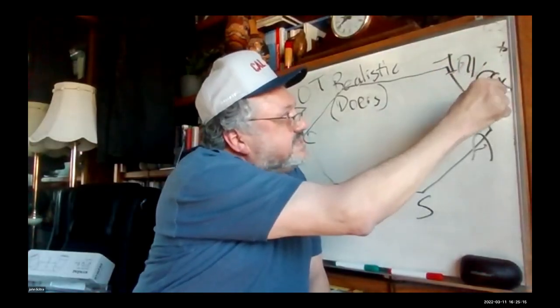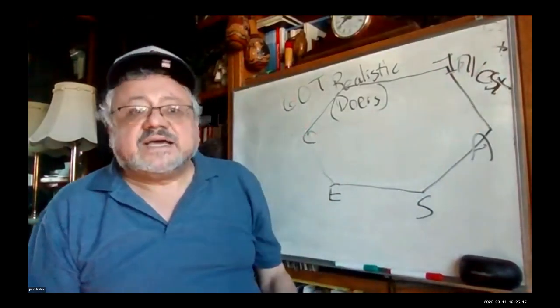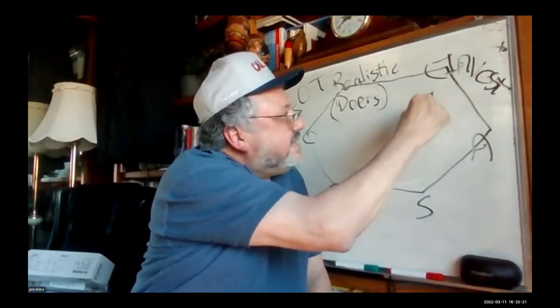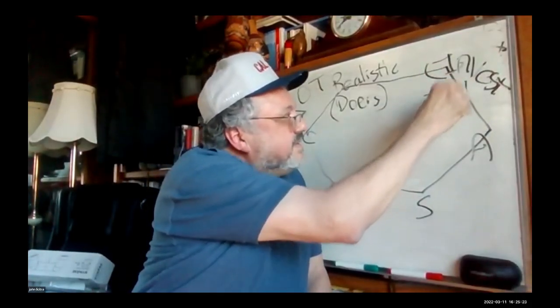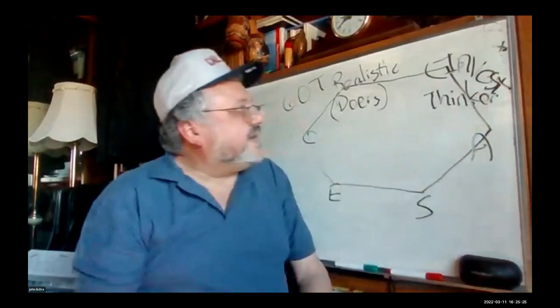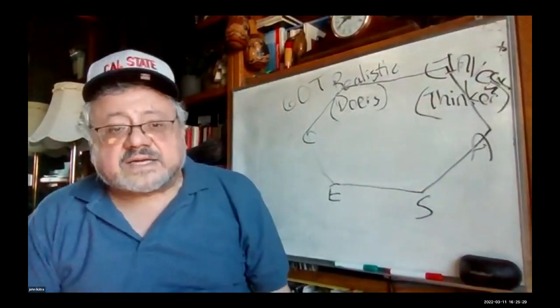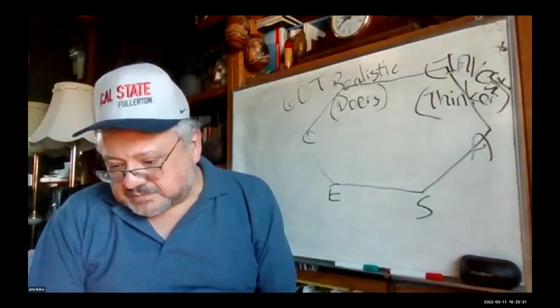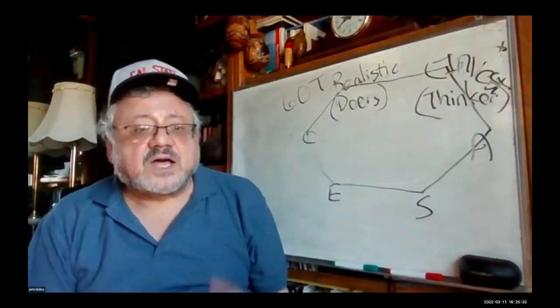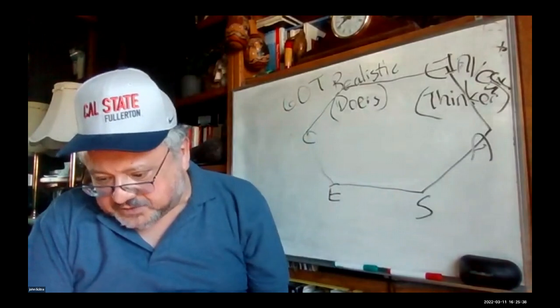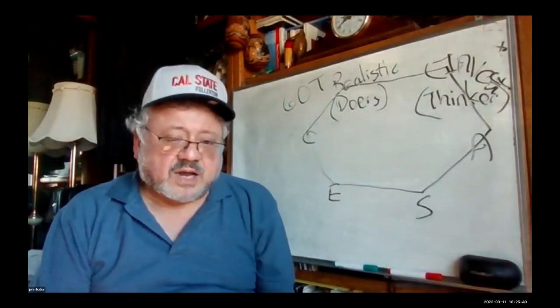Now, the I corner stands for investigative. And these people are referred to as the thinkers. The thinkers, okay? In parentheses. And the thinking types like to observe, learn, evaluate. Okay, they like to analyze and solve problems.